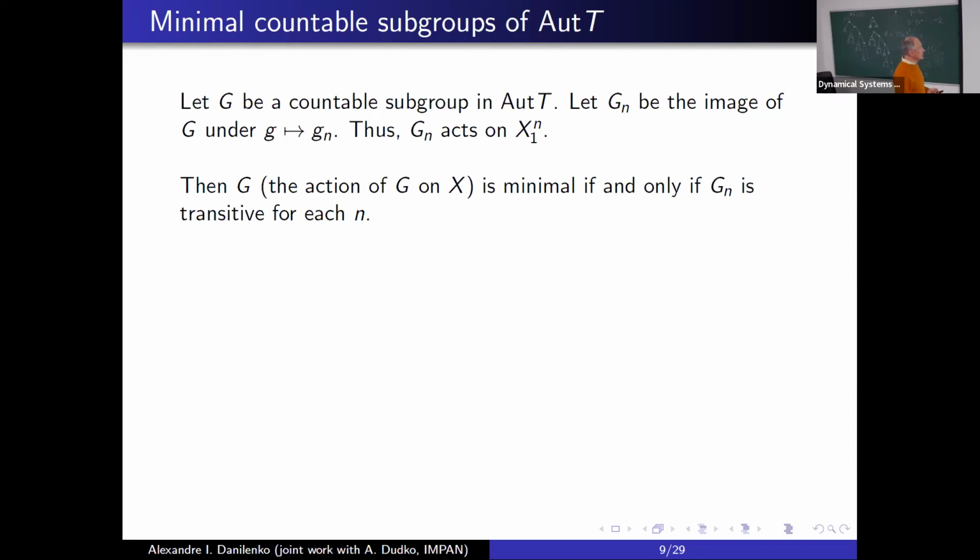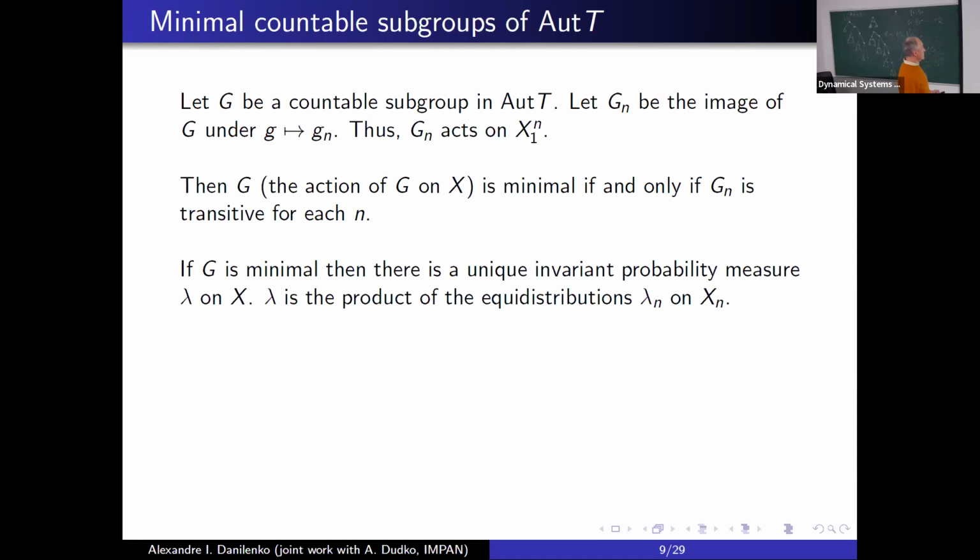This action is minimal if and only if Gn is transitive for each n. If G is minimal, then there is a unique invariant probability measure lambda on X. Of course, lambda is the product of the equidistributions on Xn.